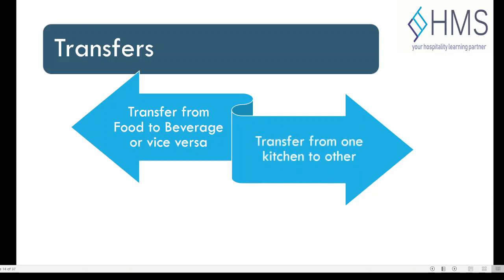And then transfer from one kitchen to another kitchen. These are going to affect the food cost of each and every outlet separately. If you are having an outlet P&L, the food cost is going to be different. The cost of food and cost of beverage will also not be correct if we are not doing this transfer.